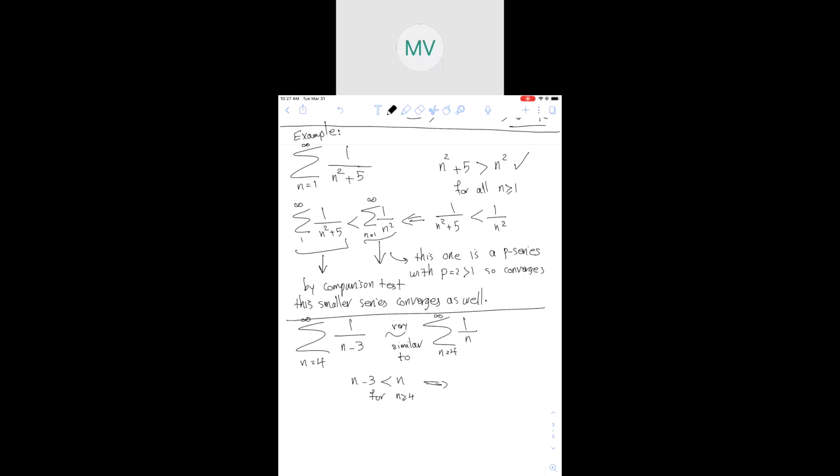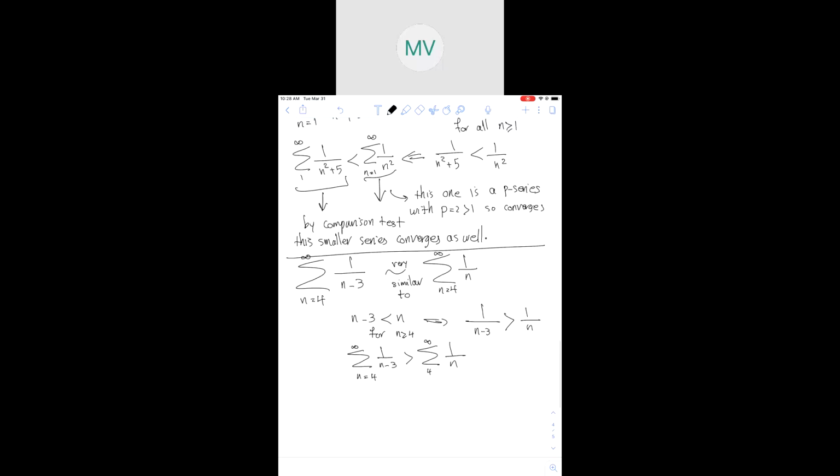And now go ahead and reciprocate them. So we get 1 over n minus 3 is bigger than 1 over n. Now sum them up. It is bigger than the sum of 1 over n, starting from 4 to infinity. Okay. So we are able to compare with the series. It's bigger, right? So we know this guy diverges.